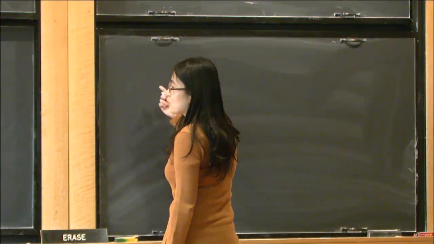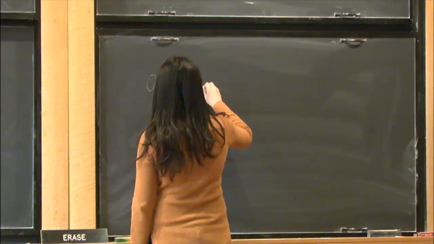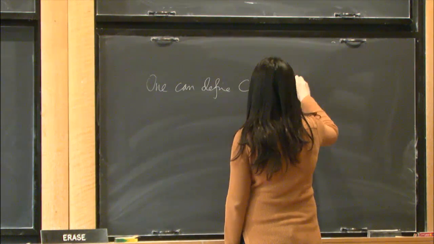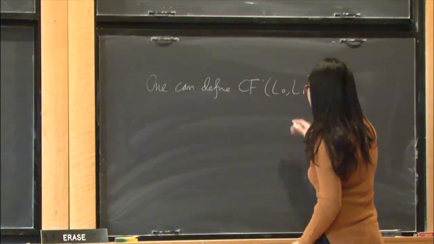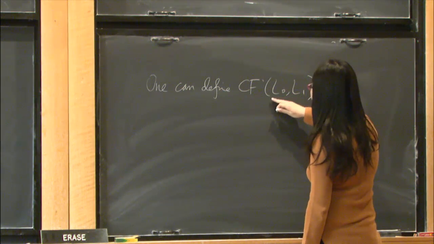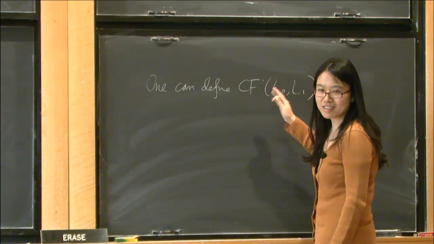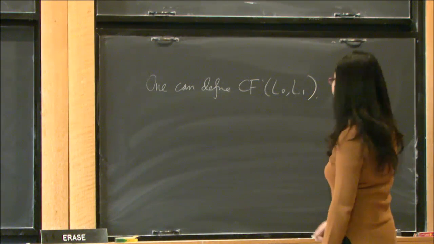And then once Brane structures have been chosen for these two Lagrangians, one can define the Floer complex. So in this talk, we will only consider exact Lagrangians in the cotangent bundle. So there's no issue about defining this Floer cochain complex.